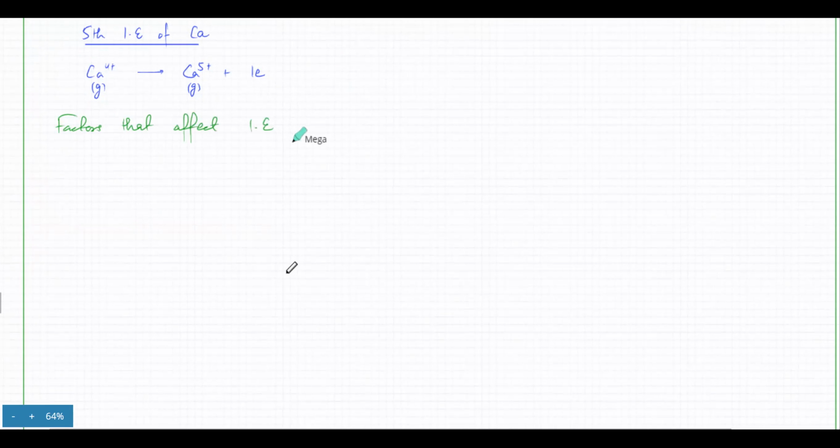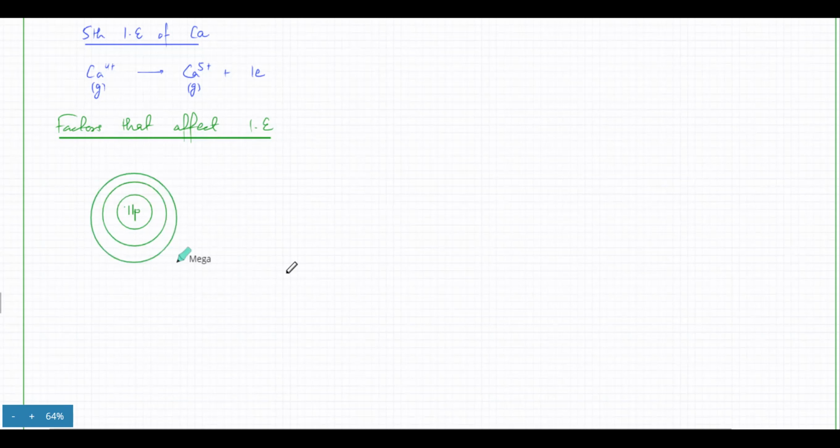I'm just writing I.E. Usually it's not written as I.E., it's written in full, ionization energies. But I'll be writing I.E. Now, factors that affect ionization energies. For example, sodium has 11 protons. Let me draw an atom of sodium.